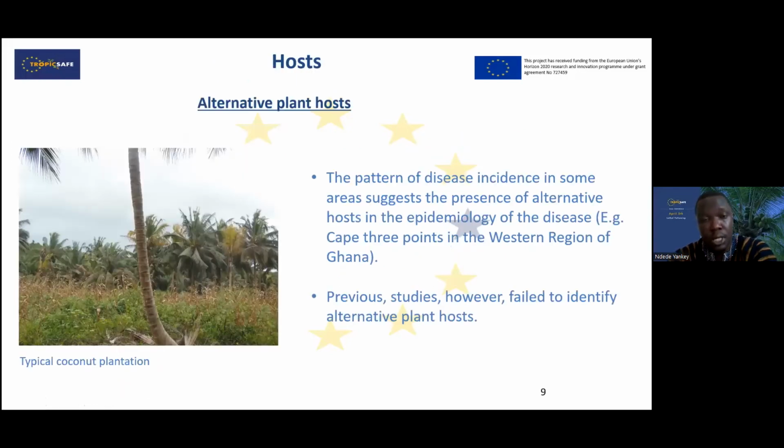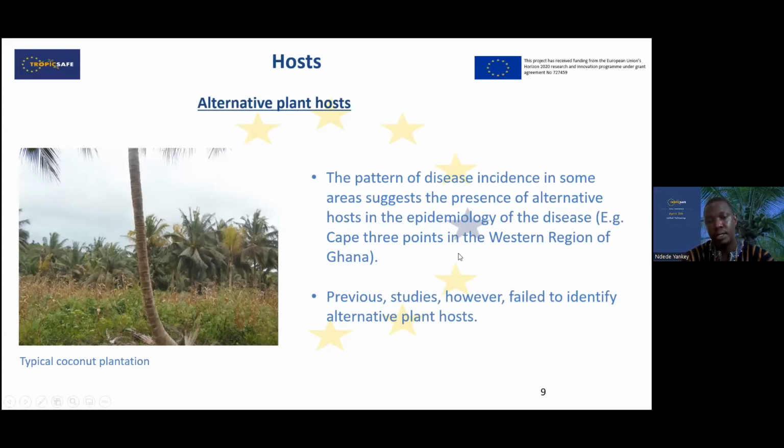Now, we have also investigated other plants apart from the coconuts that can host the pathogen. In Ghana, there are several areas where the epidemiology of the disease seems to suggest strongly that alternate hosts are involved in the spread of the disease. One particular place is the research field at a location called Cape Three Points.